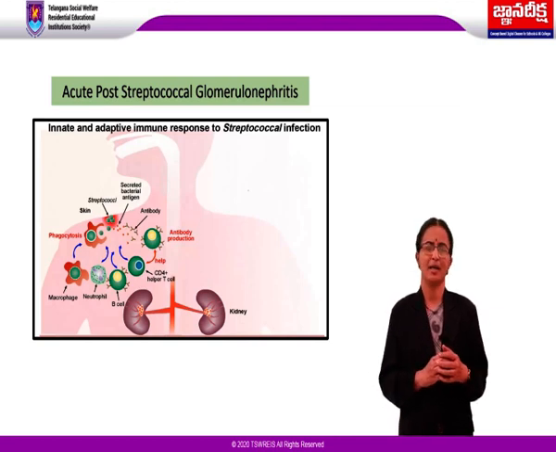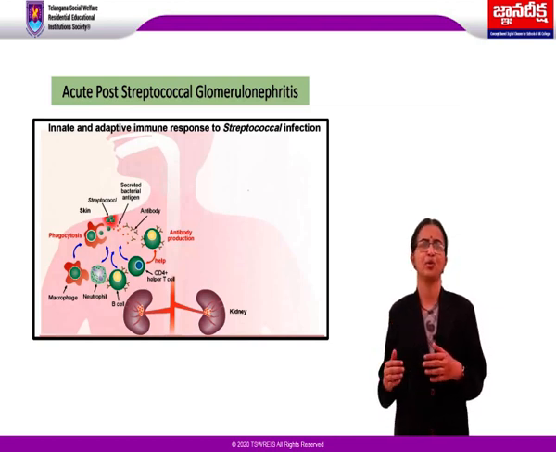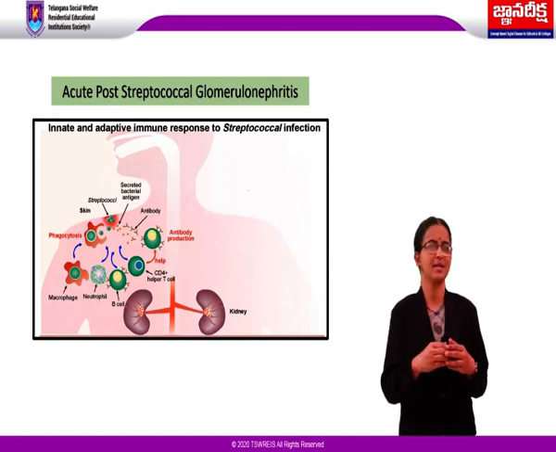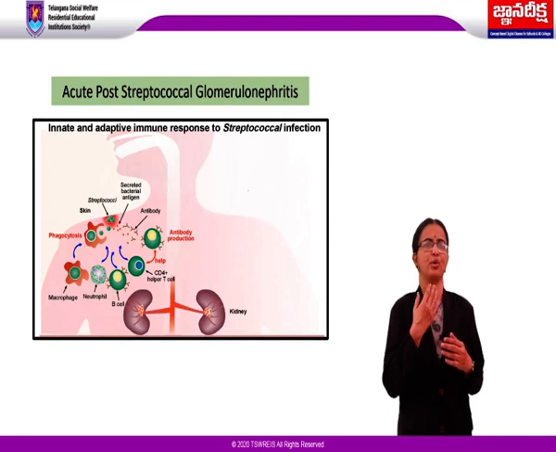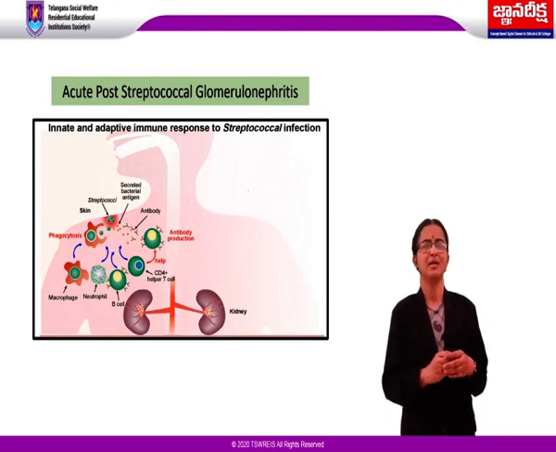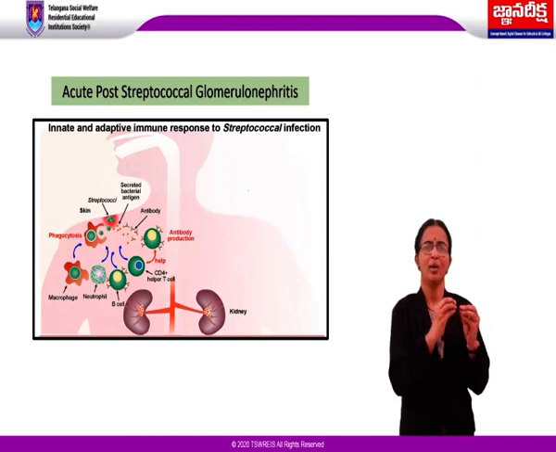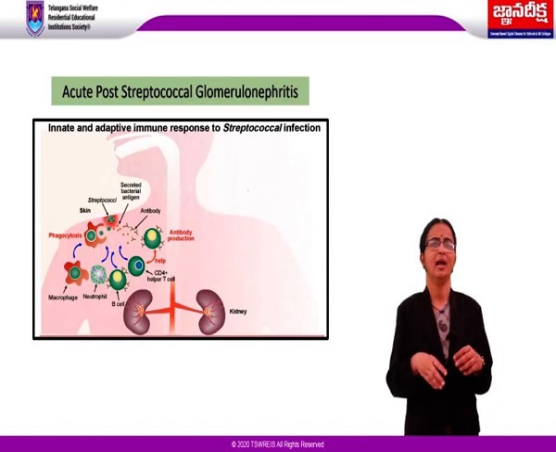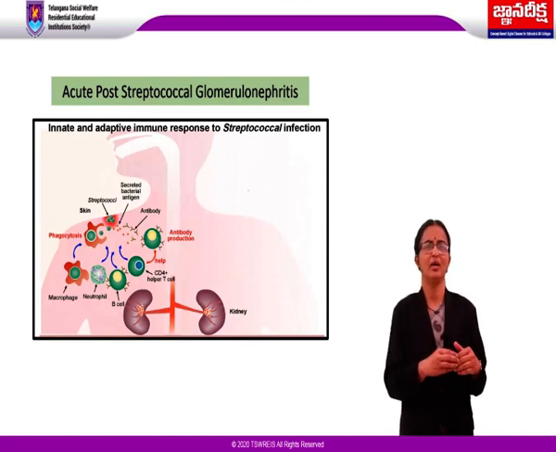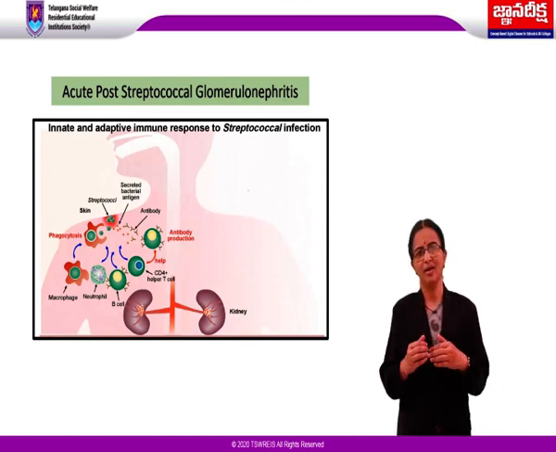It is caused by a bacterium, a group A Streptococcus, which enters the upper respiratory tract of a person and causes sore throat. In some individuals, antibodies to this bacterium bind to the antigen and form complexes. These complexes circulate in the body and get deposited in the glomerulus of the kidney, causing inflammation.